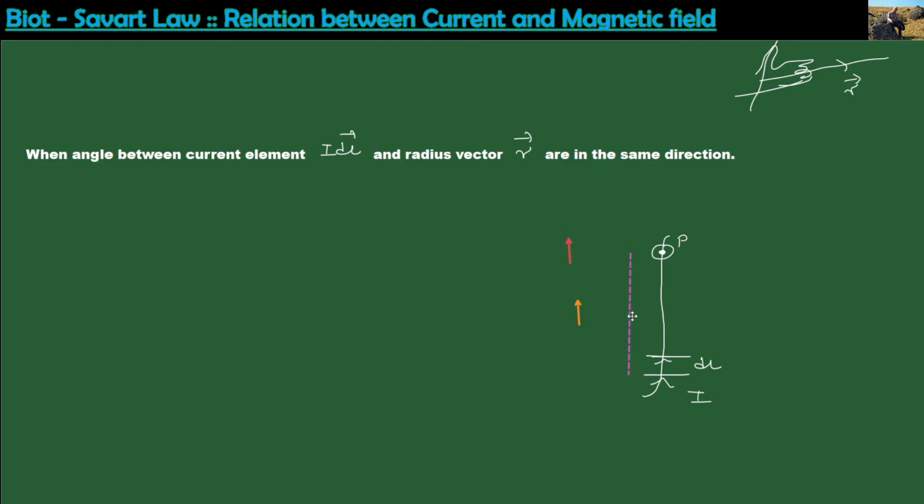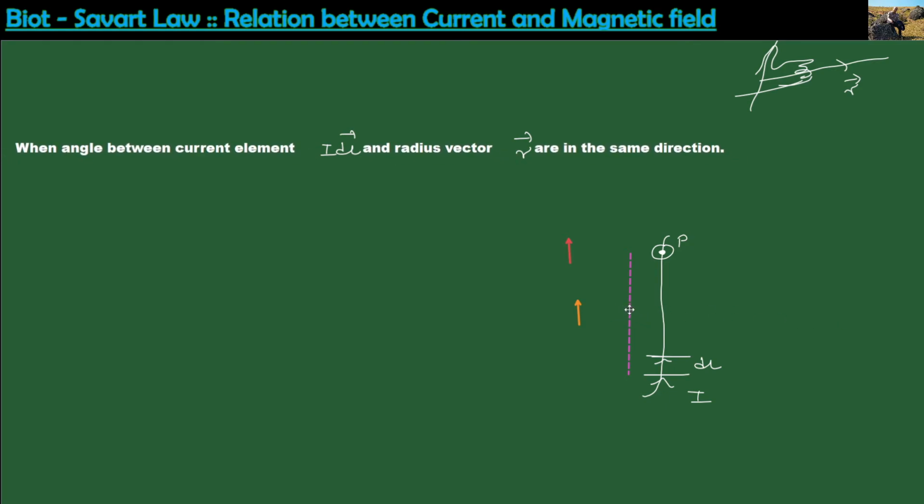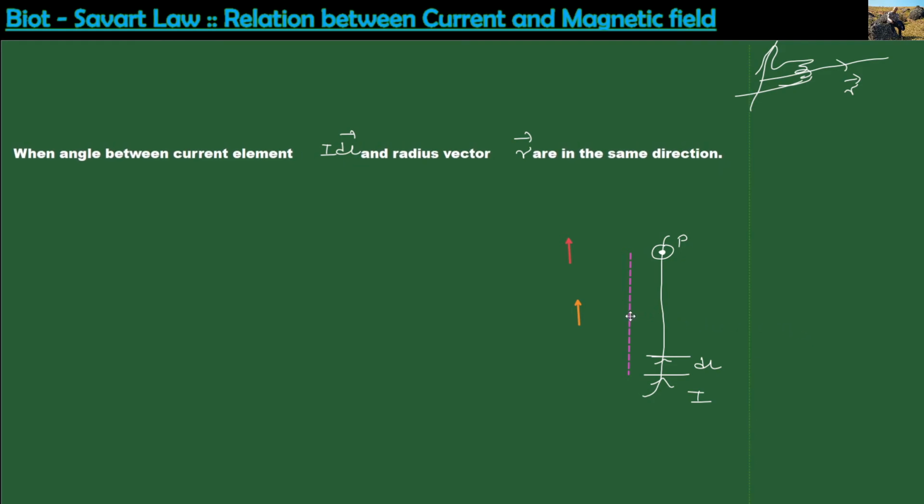What will be the direction of DL bar? This pink colored dotted line will represent our position vector R bar.